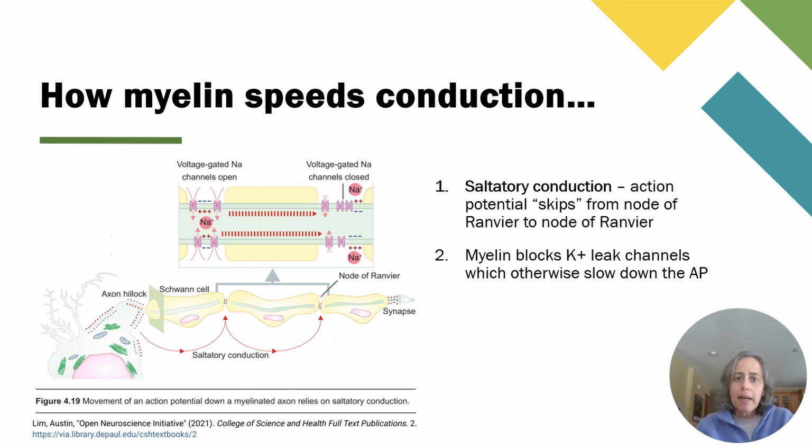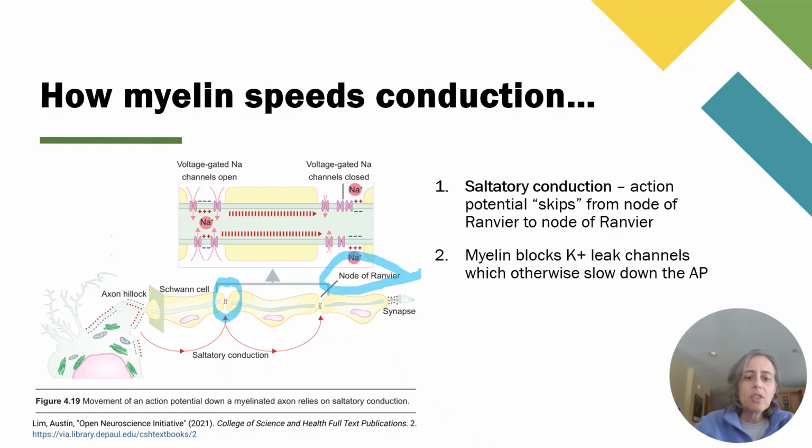So how does the myelin sheath speed conduction? Basically in two ways. One is that we just have these nodes of Ranvier, right? These little spaces in between all the little sections of myelin.